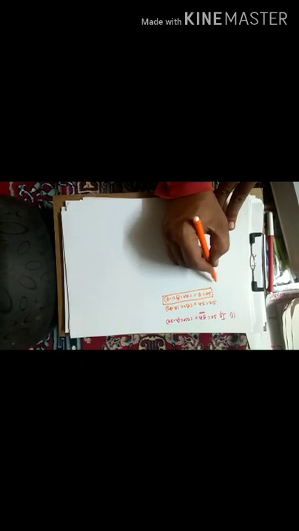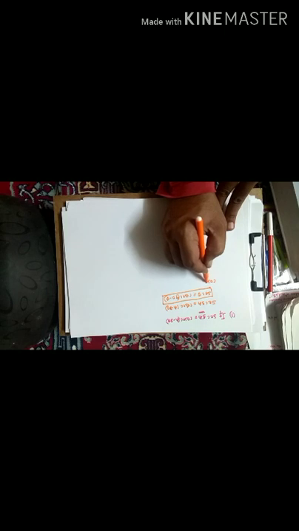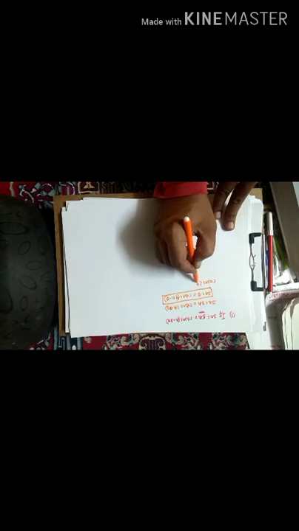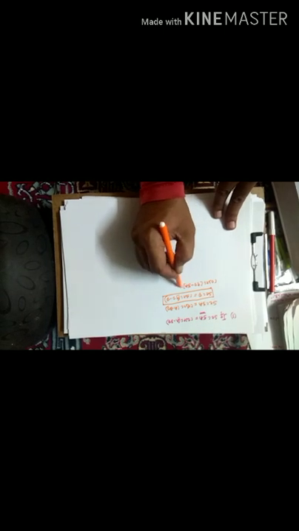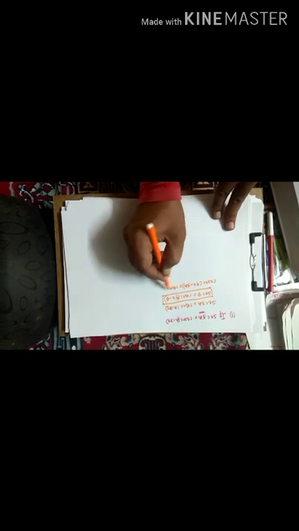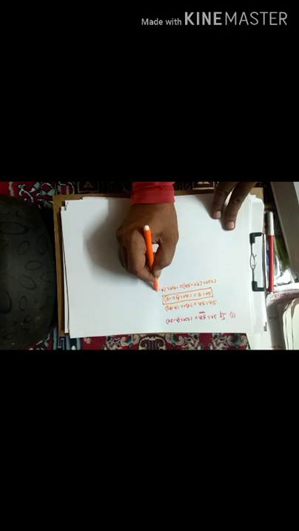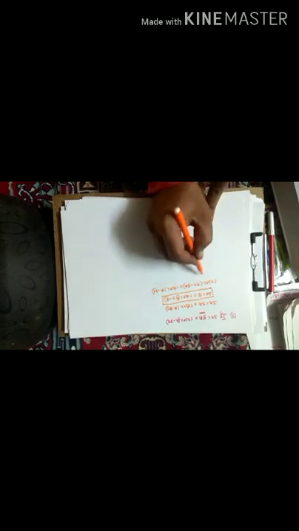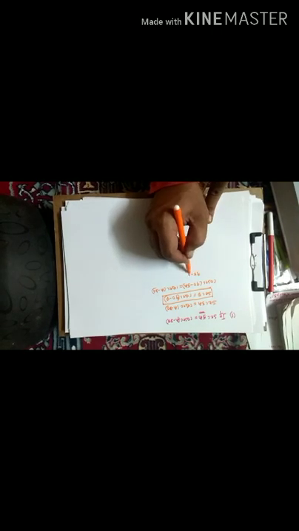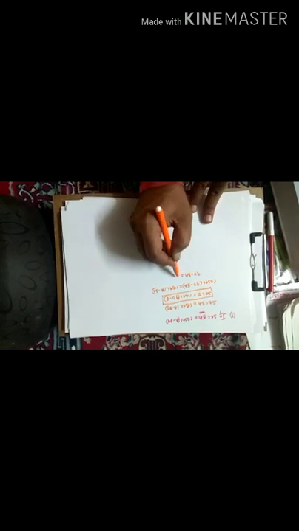So sec 4A I can write as cosec 90 minus 4A, which is equal to cosec A minus 30. Now both are in cosec only, so we can equate these two. So 90 minus 4A is equal to A minus 30.